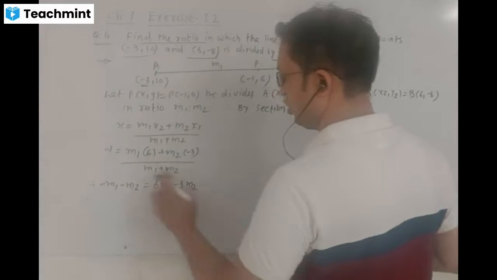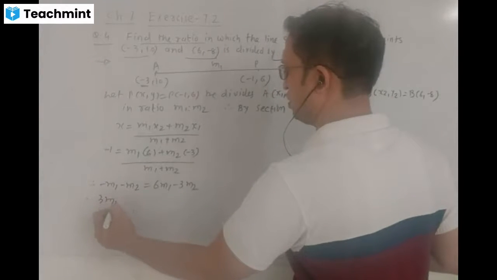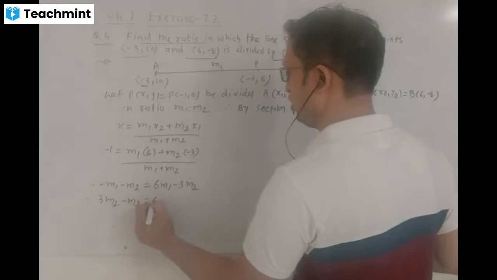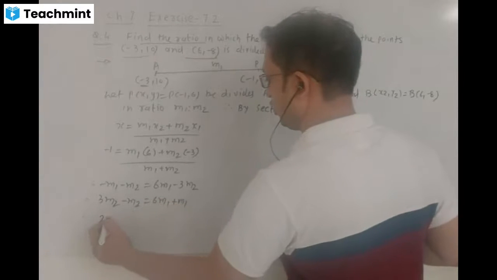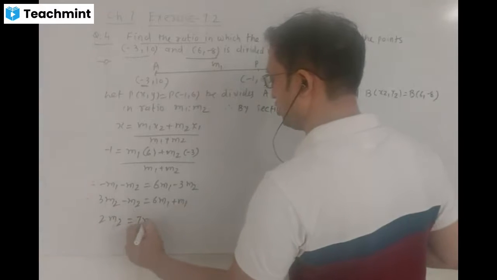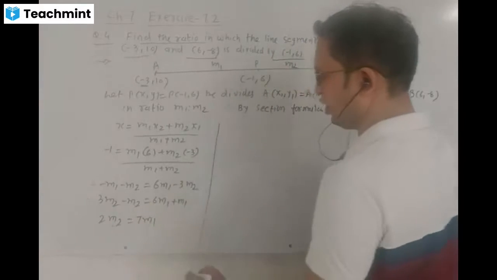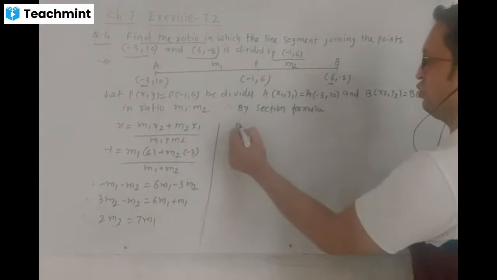Therefore, transposing, 3m2 minus m2 is equal to 6m1 plus m1. Therefore, 2m2 is equal to 7m1. Therefore, m1 is to m2.